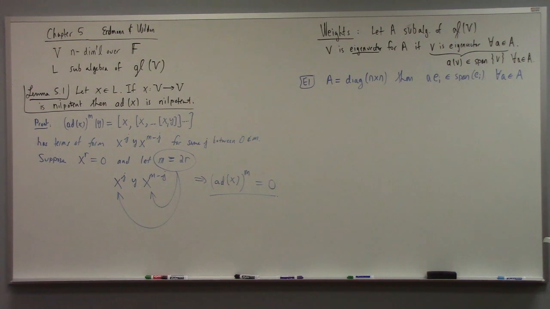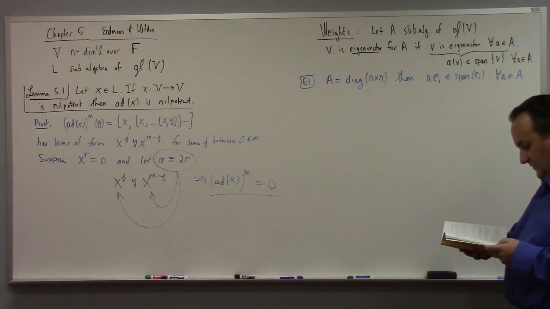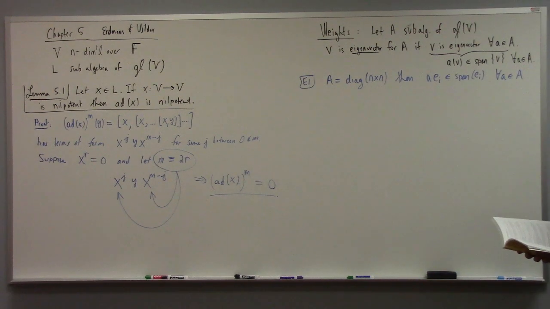Let's see here. Now, he says it's not so obvious how we should generalize eigenvalues. I mean, if we look at this example that we just did, he says the eigenvalue of a on e_i is alpha_i, but this varies as a runs through the elements of A. So we must be prepared, he says, to let different elements of A act with different eigenvalues. Agreed. We can specify different eigenvalues of elements of A by giving a function, lambda, from A to F. All right?